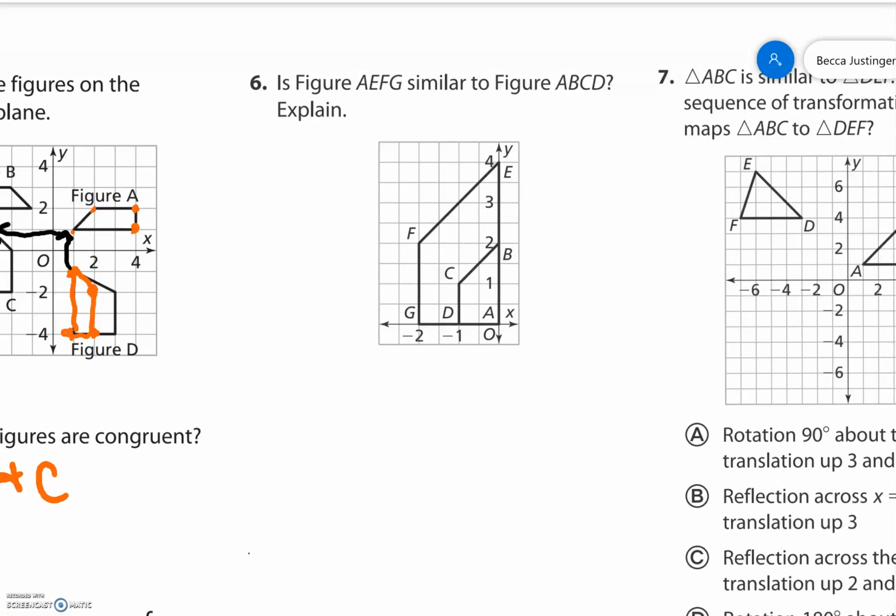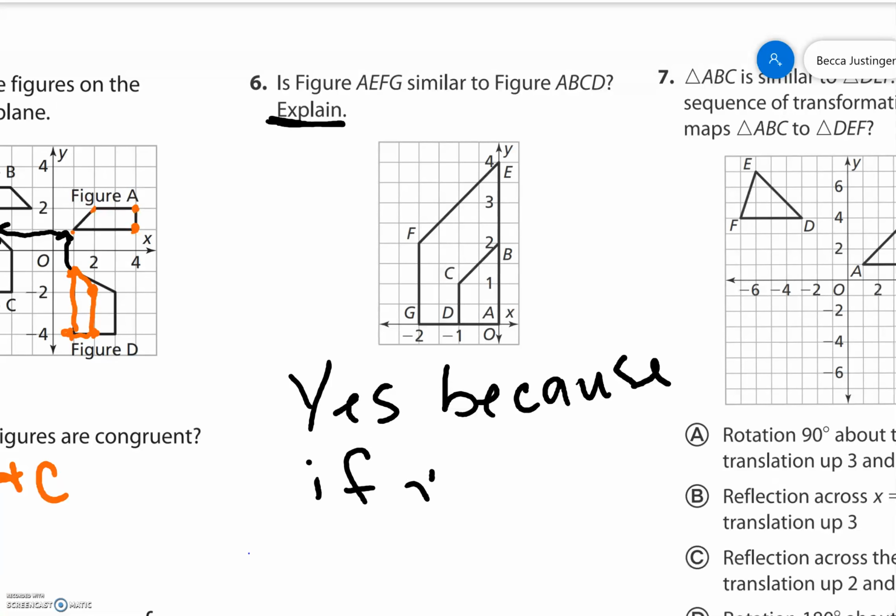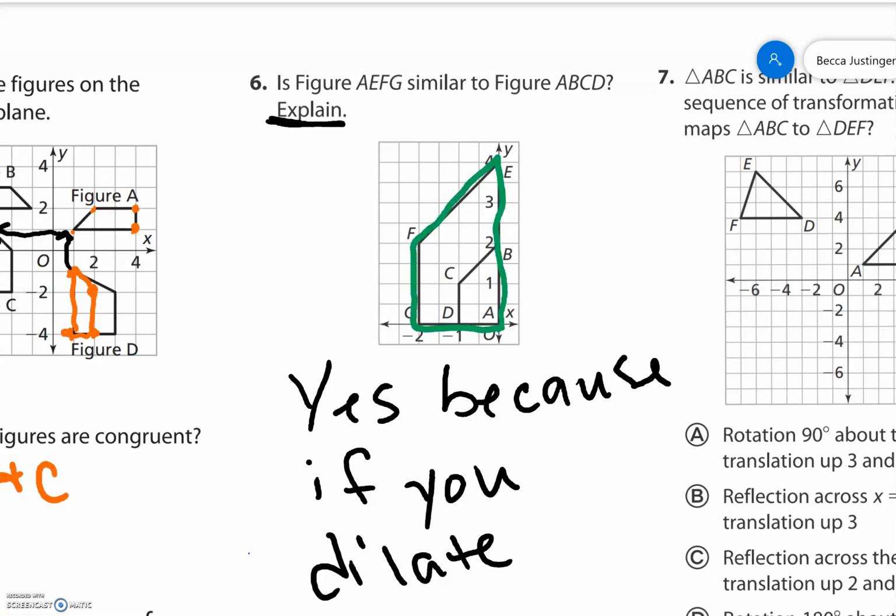Number 6, is AEFG similar to ABCD? Explain. Yes, because if you dilate, we're going from AEFG to ABCD. So we're going from the big one to the small one.